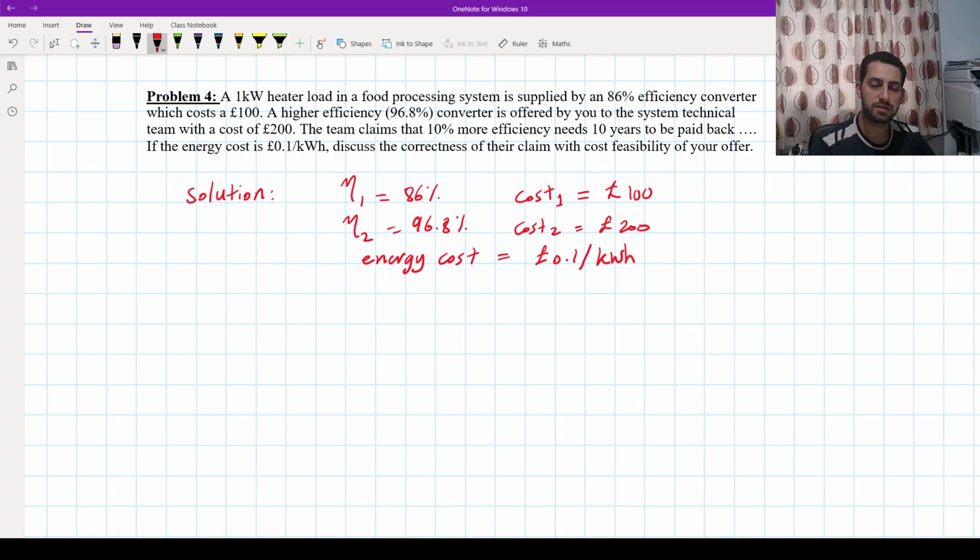We will first see the losses that they're going to lose if they keep the old converter, and see if that's really worth a lot of money or no. And we also do the same for the new converter and compare the losses and the loss of money. Maybe we can convince them by comparing the losses and then seeing that it doesn't need 10 years to be paid back, and maybe there is another way to validate our numbers.